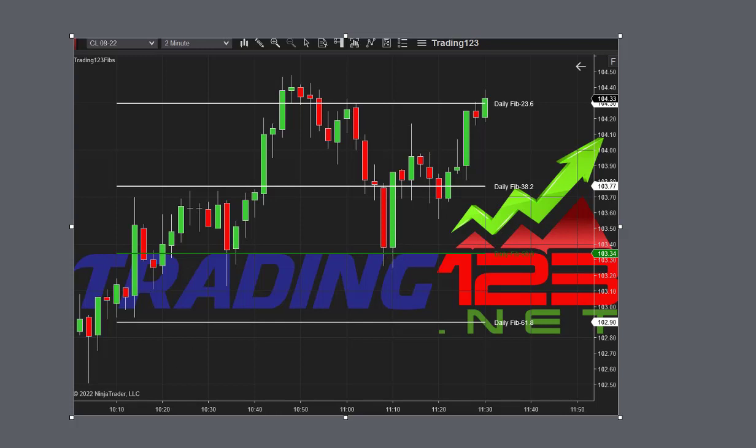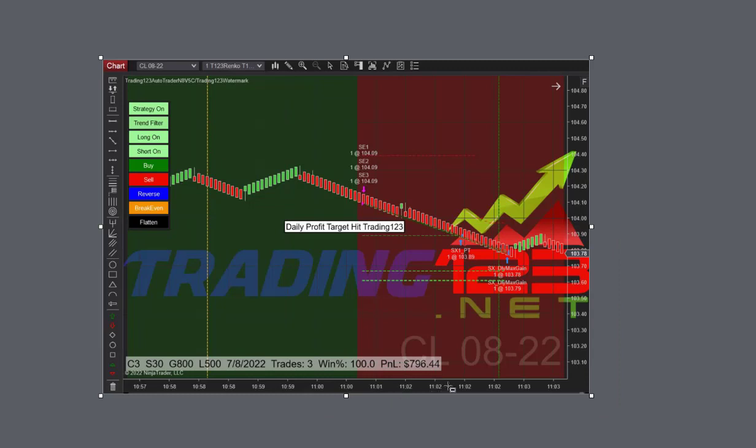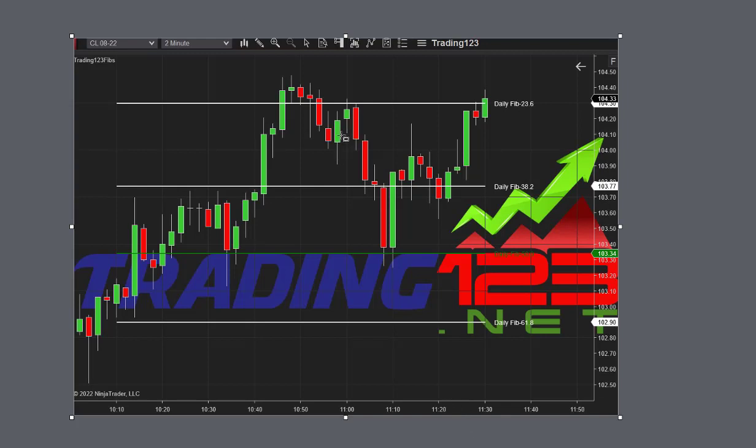And where did the AutoTrader get out? Well, we got out at 103.78 because that was our goal. But it was a great trade, and we could have got more on it, but we had a goal set. But you can see the potential. You can identify your targets.